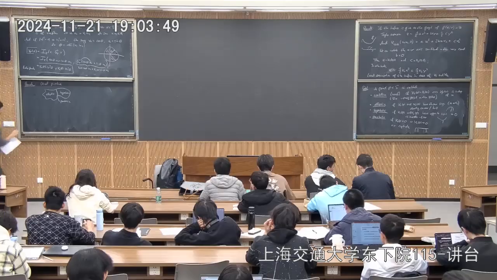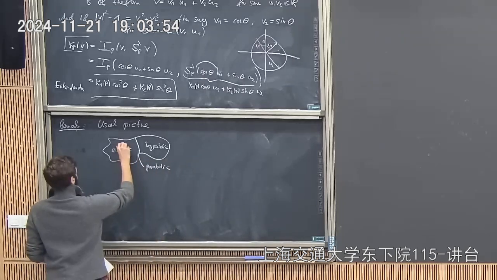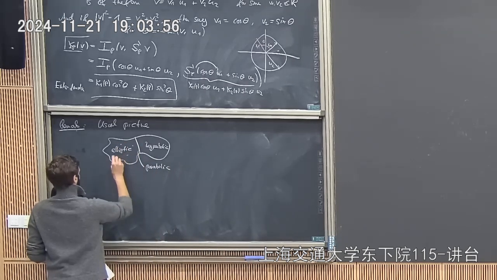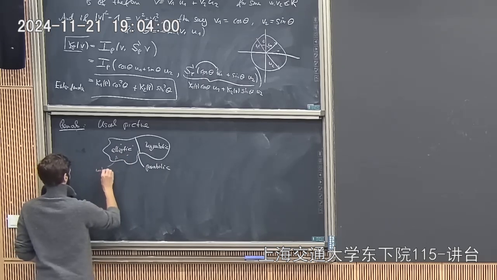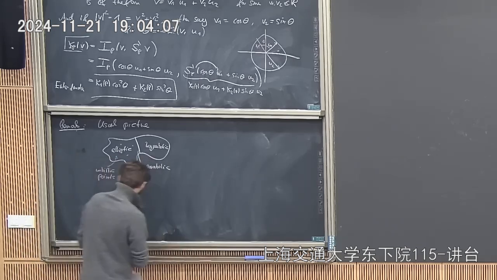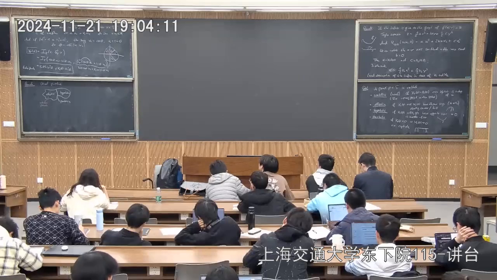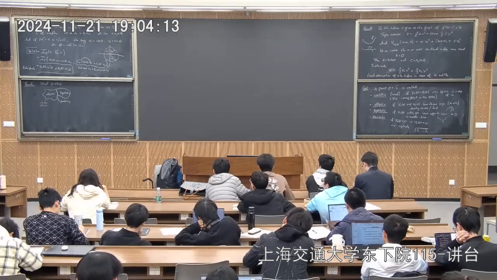And then in the hyperbolic setting, you have isolated umbilic points. So that's the usual picture that you can expect. It's not always the case.